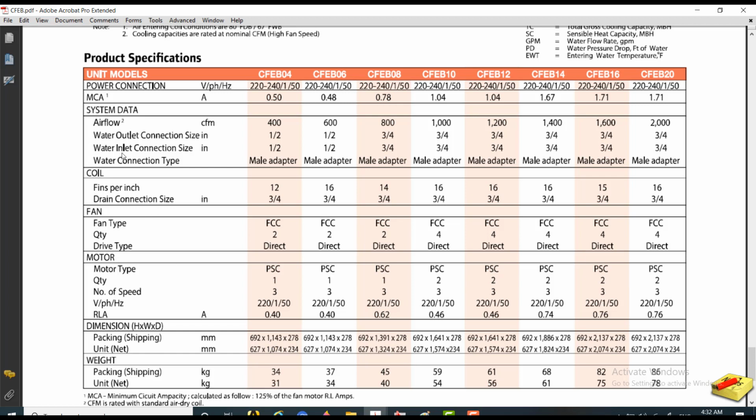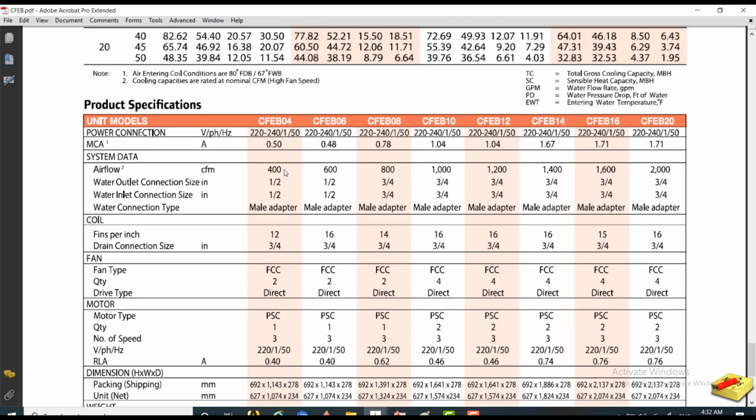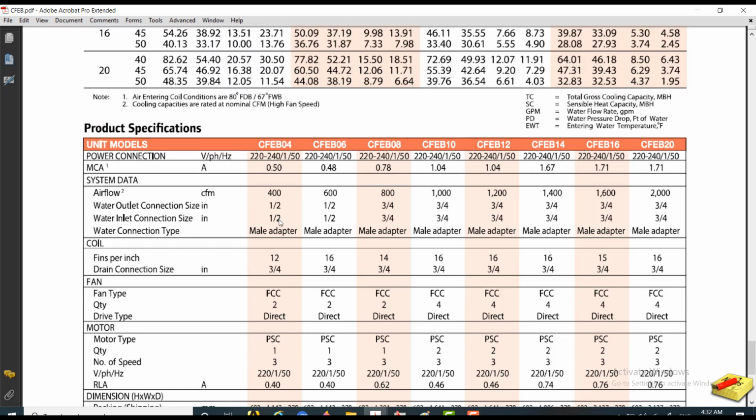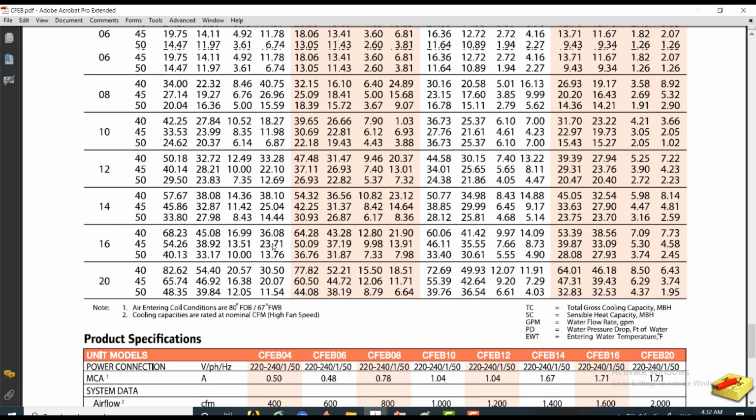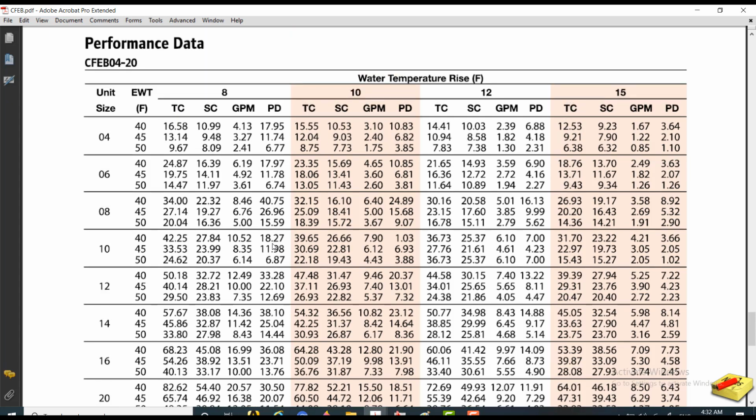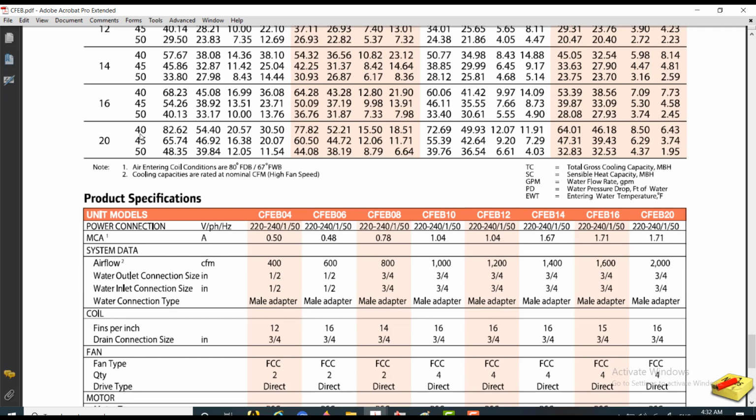So for water inlet connection size, nakalagay dito, we have the size of 1/2, 1/2, 3/4, 3/4, 3/4, 3/4, and so on. So the model now, we need to determine what is the model, since what we have here, that is CBF B04-20.